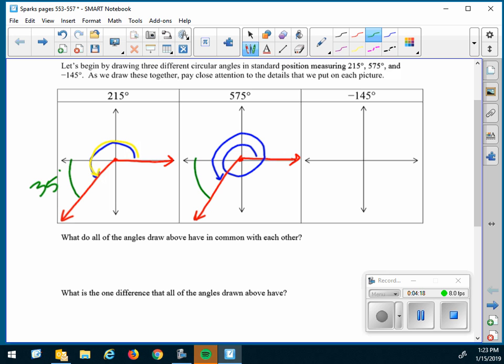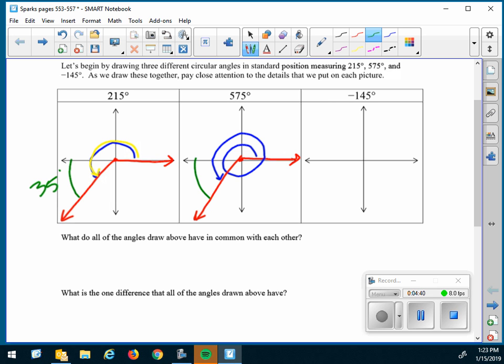How'd you get 35? Full circle more. So 575 and subtract 360. There's 360 degrees in a circle, so you essentially took one full circle out. And what were you left with? 215.